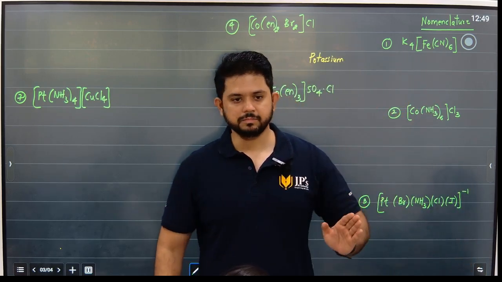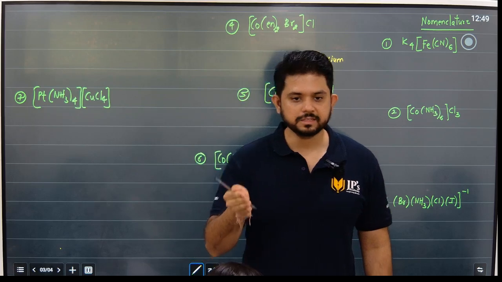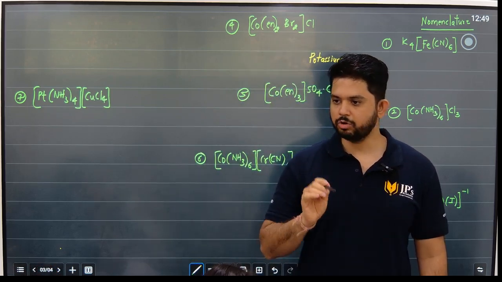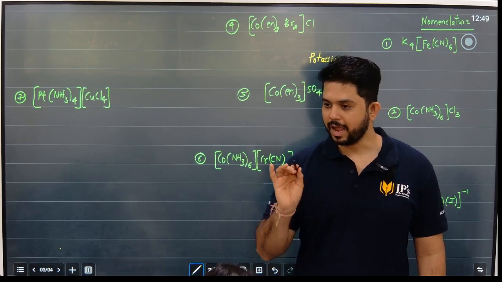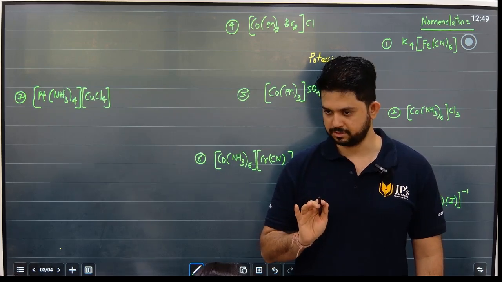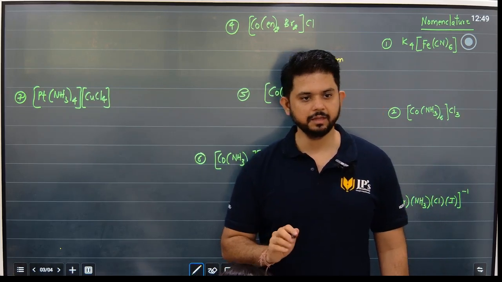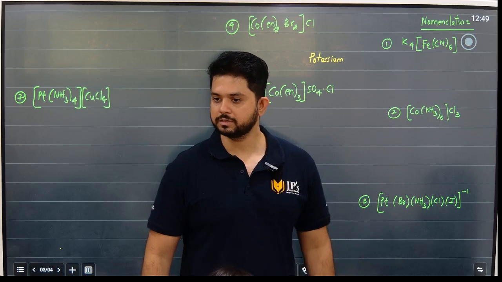After potassium, the complex starts. Rule number 2: inside the complex you always start by naming the ligand, adding a suitable prefix depending upon the number of ligands present. What does that mean? Inside the complex, which is the ligand over here?